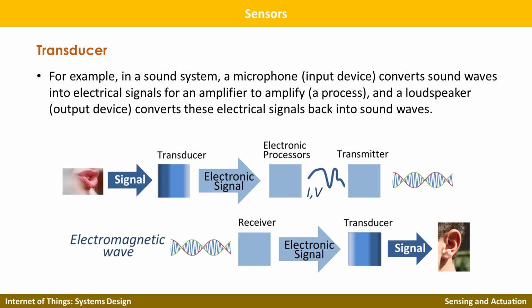So this has both the sensor as well as the actuator combined in a single process, and it converts the energy twice. First, the sound wave into an electrical signal, and then the electromagnetic wave into a sound wave.